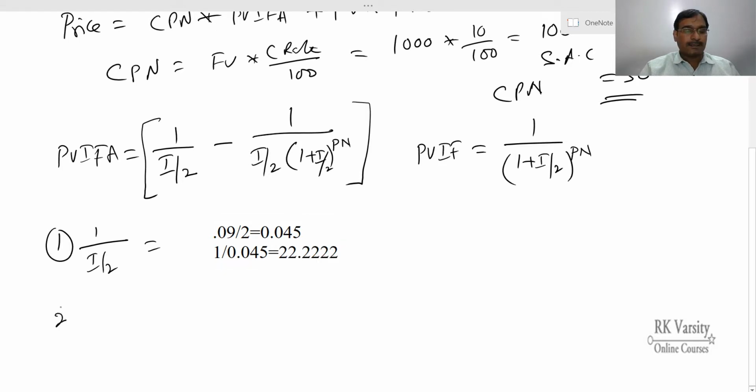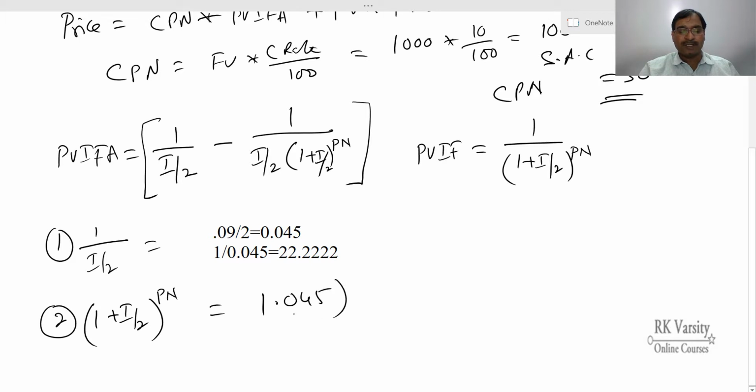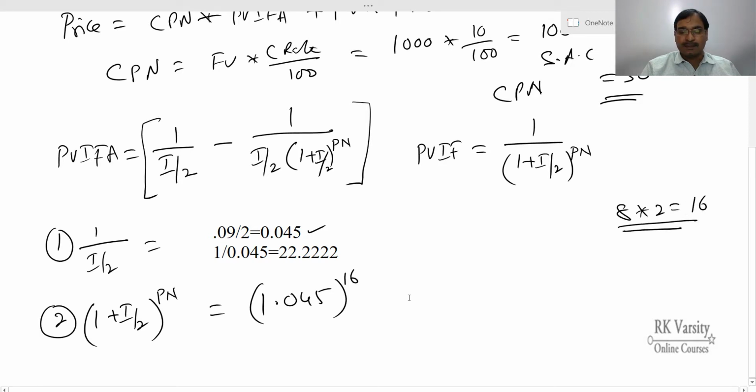Then step 2, we calculate (1 plus I upon 2) to the power of P into N. This equals 1.045 to the power of 16. Why 16? Because it is 8 years and 2 coupon payments in a year. So this is 1.045 raised to the power of 16.